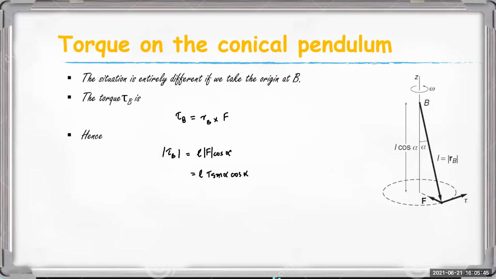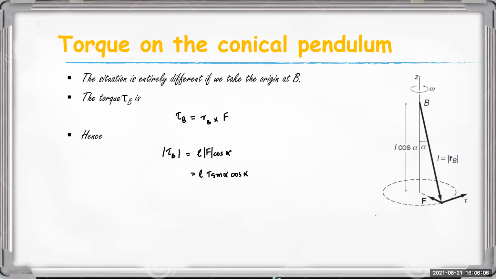So L into T into sine alpha into cos alpha. And we know that T cos alpha is equal to mg.